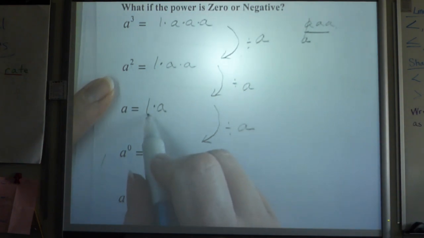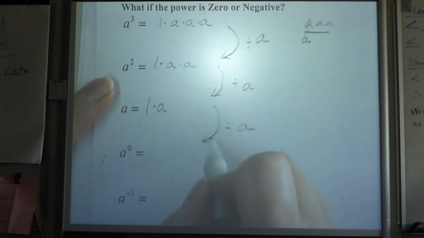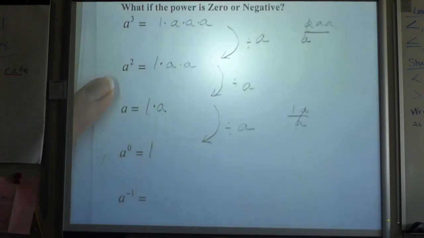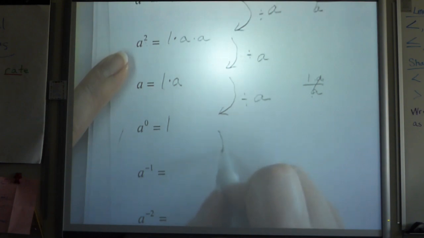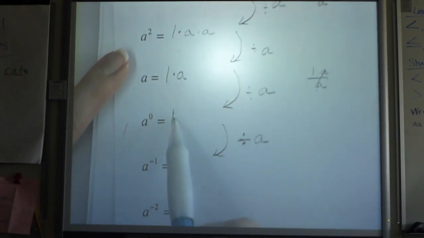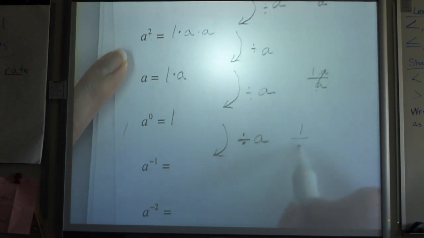Okay, we have 1 times A. We're dividing by A, so if you can imagine 1A divided by A, A divided by A is 1, so I just have 1 times 1, which is 1. Okay, and then again, I divide by A. What's 1 divided by A? 1 divided by A is 1 over A.